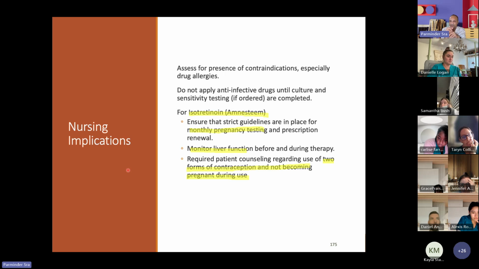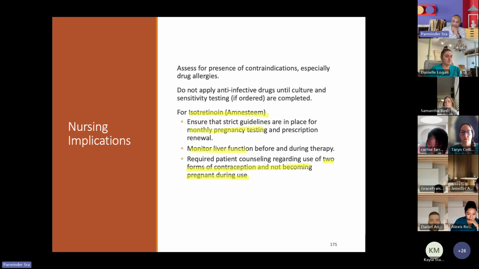Okay, but the important part here is the monthly pregnancy testing, a new prescription every time, using 2 forms of contraception, not becoming pregnant while they're on this medication, and monitoring their liver functions. If somebody has a pre-existing liver condition, they should not be taking it.